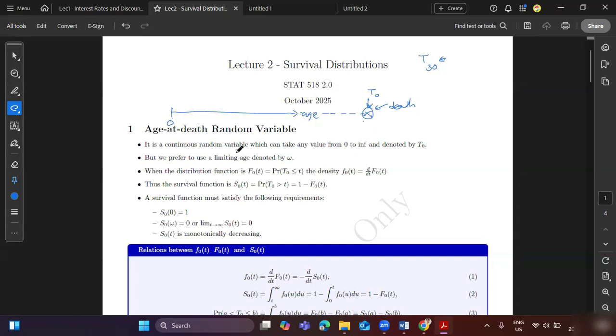It's a continuous random variable which can take any value from 0 to infinity in definition. But we know there should be a maximum value for it. Since life insurance is applied for humans, we don't know the exact maximum age of expected life for a human.